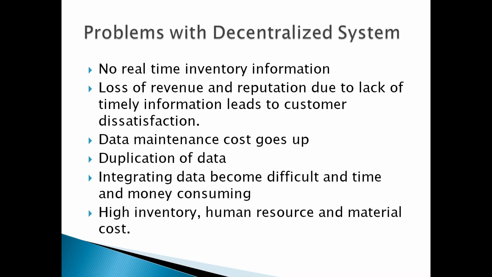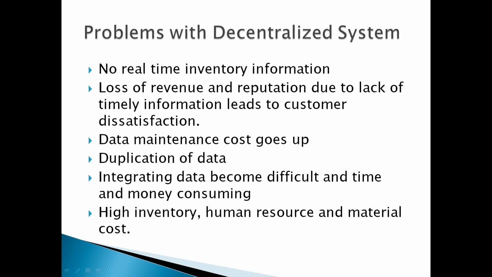The customer approaches the sales team for a product, but this time around he needs the product on an urgent basis. Since it is a decentralized process, the sales team does not have any real-time information access to the product availability.